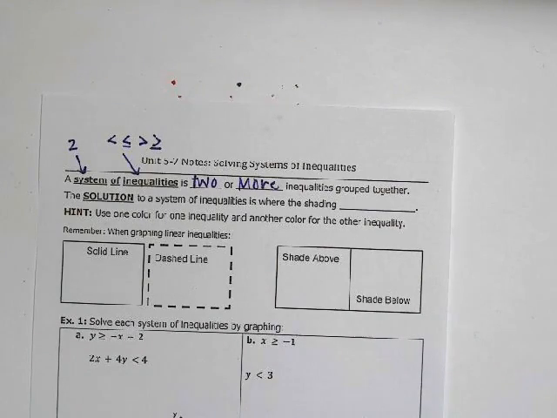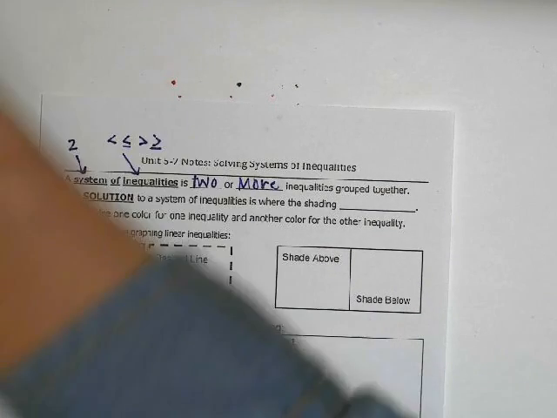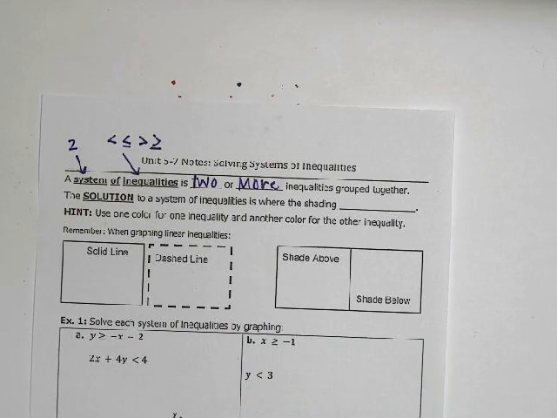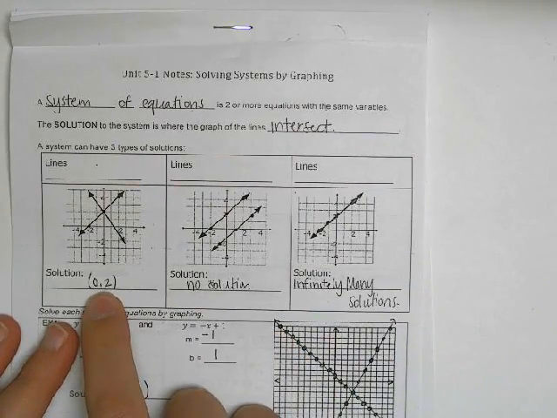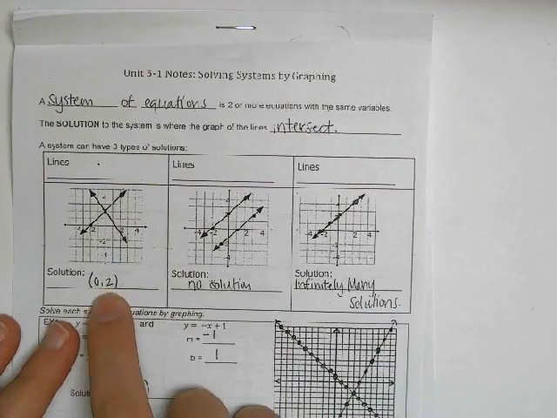The solution. So look up here, let's talk about something. The very first day of notes for this unit, we talked about how we had 3 different types of solutions. We had a solution where they cross.